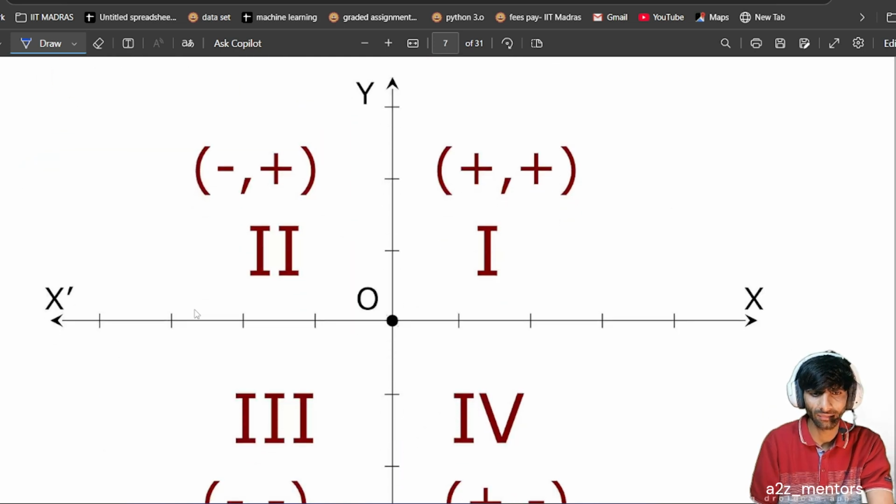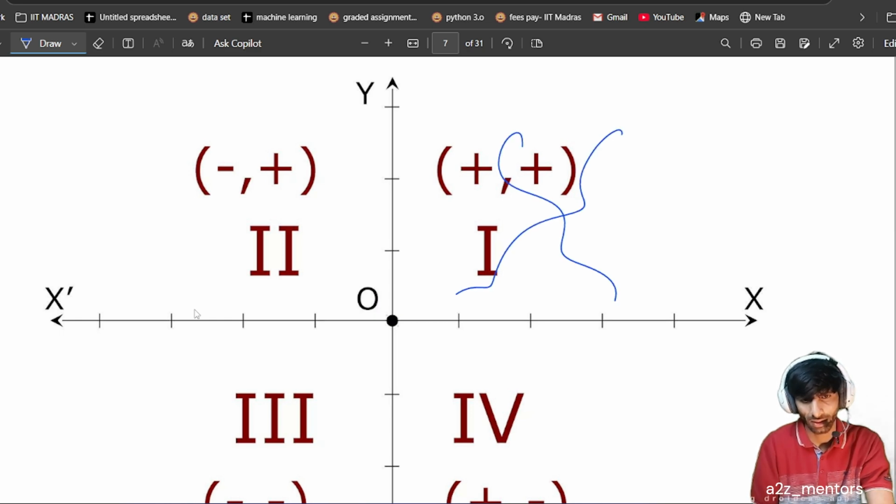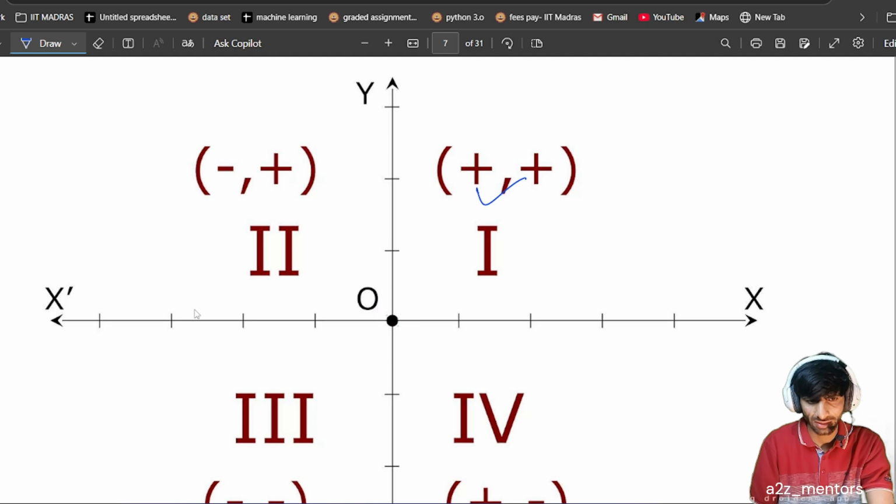Now you will see the x-axis is positive in this quadrant. For a point here, the x-axis is positive, and the y-axis is also positive.